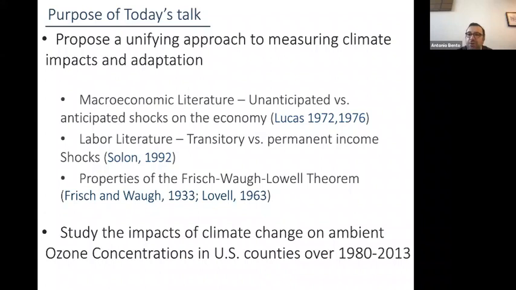Now, the application of the study, I also think, is particularly important because we will be looking at the impacts of climate change on ambient ozone concentrations here in the United States. And as you know, this is quite relevant because despite many attempts by both the federal and local governments to reduce ozone emissions and its precursors, we have had a massive success in reducing NOx emissions, but in part because of the complications of reducing VOCs, the other precursor, ozone levels have not been reducing as much as we would like.